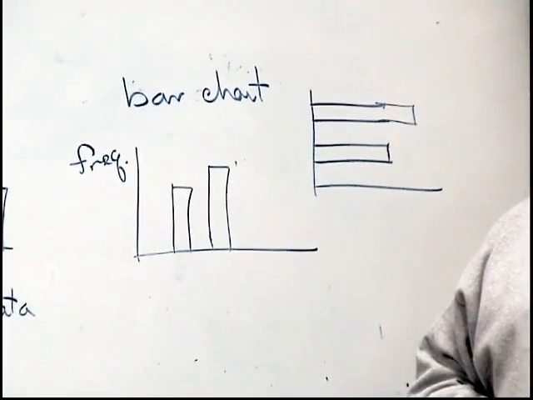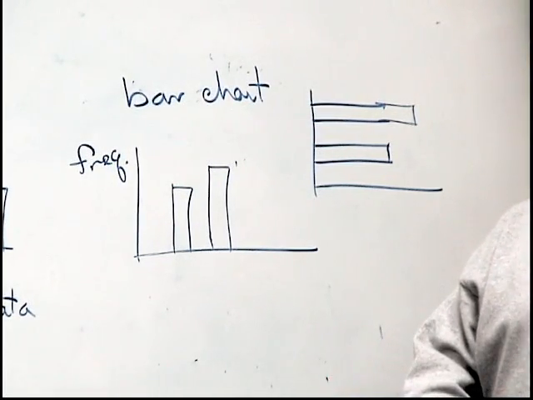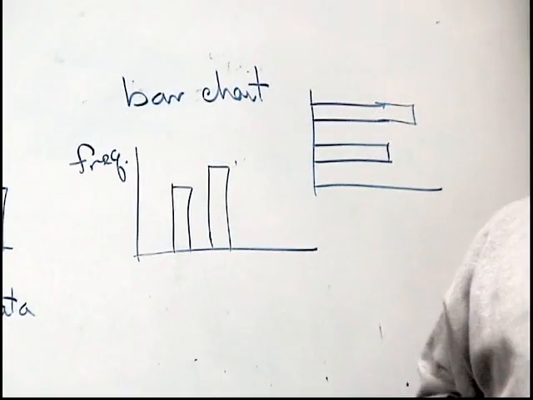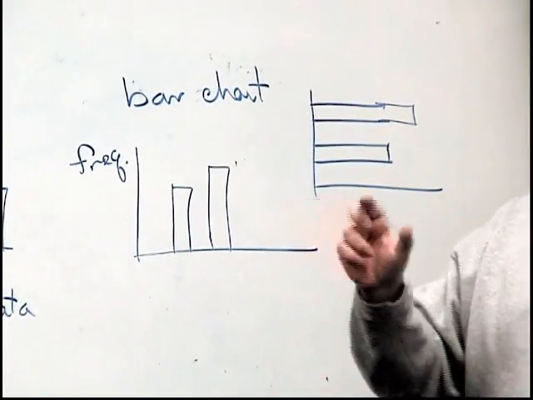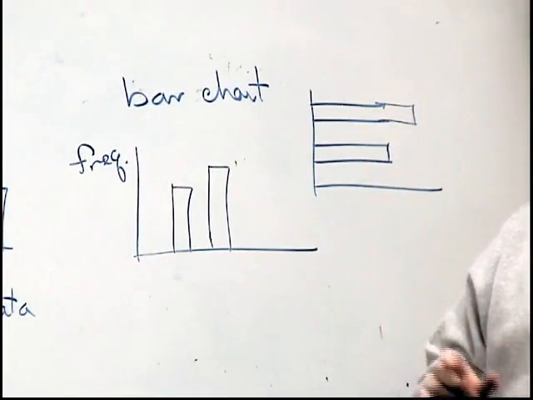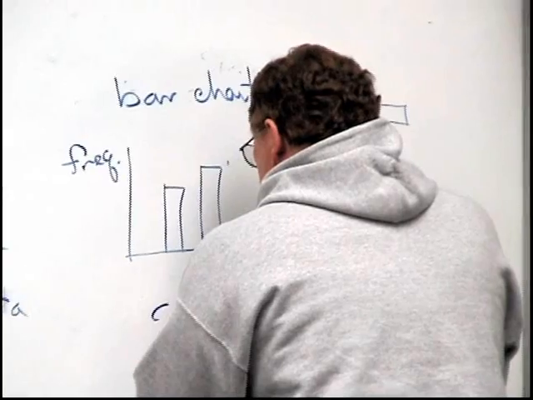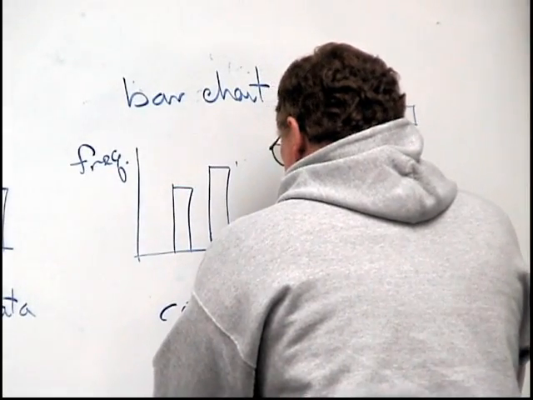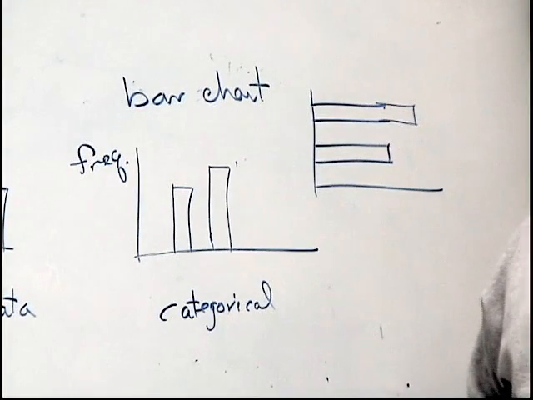Qualitative. Quantitative means quantities, numbers; quantitative and numerical are the same thing. So it's qualitative, which you can refer to as nominal data or categorical data.